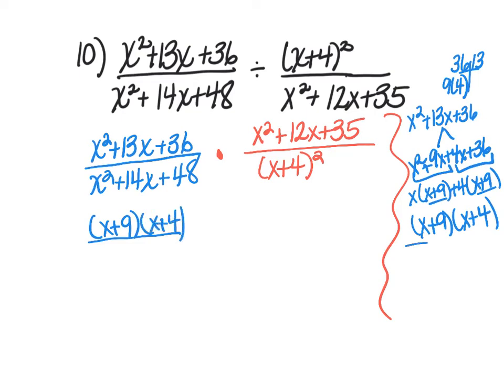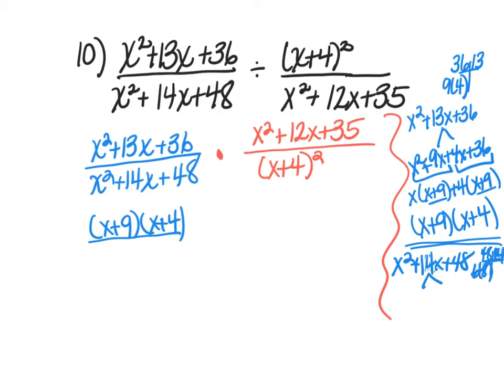All right, now let's factor our next trinomial. x squared plus 14x plus 48. All right, so factors of 48 that give me 14, that's going to be 6 times 8. 6 times 8 is 48, and 6 plus 8 is 14, and I wrote it as 12.